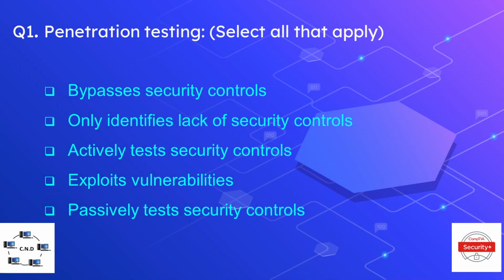So let's get started. Question number one in today's video is: what is penetration testing? We have to select all the correct options. The options are bypasses security controls, only identifies lack of security controls, actively test security controls, exploits security control, or passively test security control.